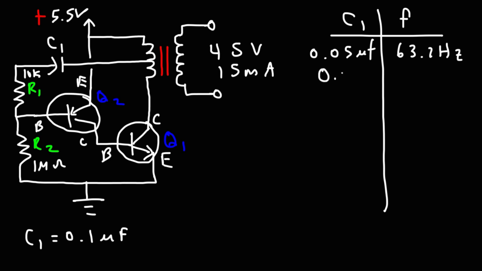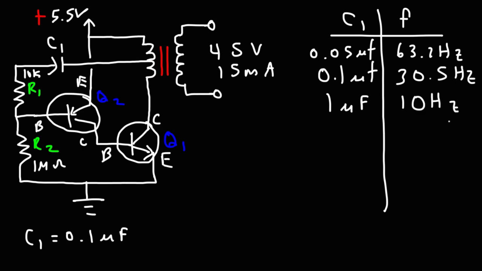At a capacitance of 0.1 microfarads, the frequency was 30.5 hertz. And at a capacitance of 1 microfarad, it went down to 10 hertz. So notice the general trend. As we increase the capacitance, the frequency decreases. The frequency is inversely related to the capacitance.